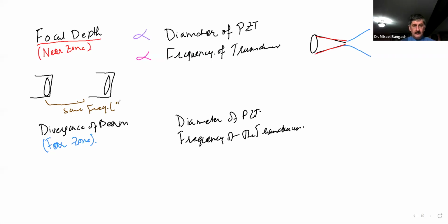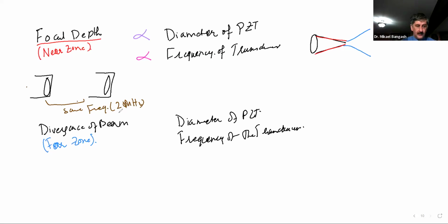Let's say 2 megahertz, just as an example. So the frequency of this transducer and this transducer, both of them are going to be the same. It's going to be 2 megahertz.